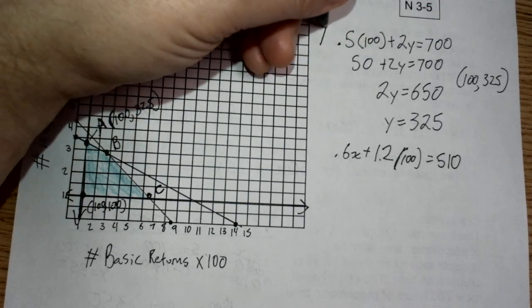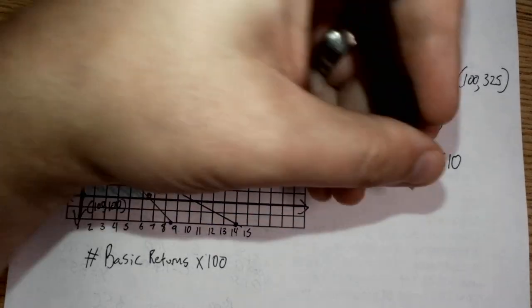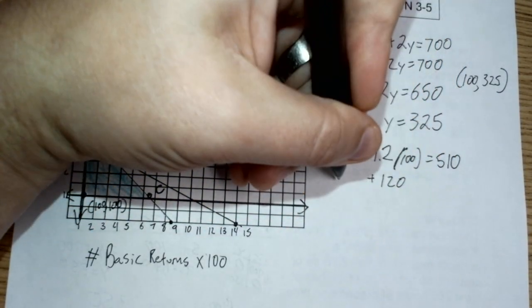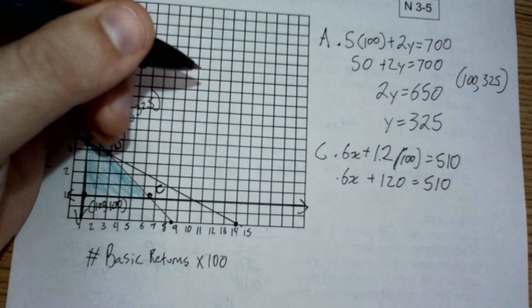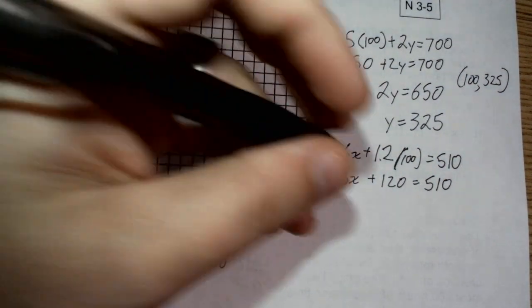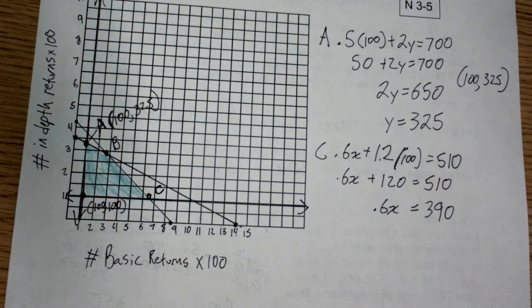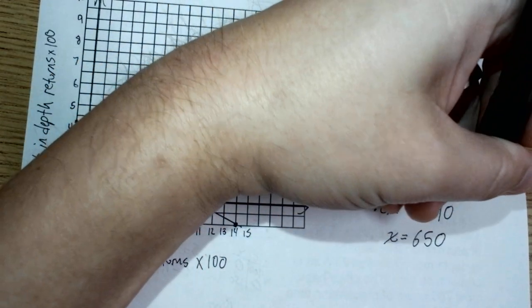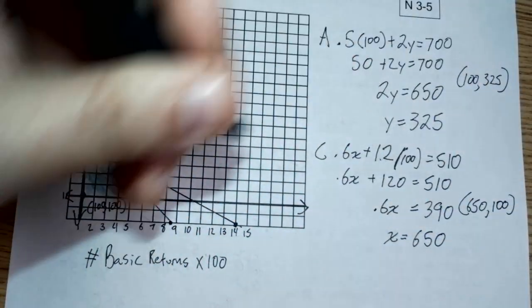That was for point A, this will be point C. So that gives me 120 plus 0.6x equals 510. When I subtract that out, it gives me 390 equals 0.6x. And when we work that out, it ends up as x equals 650. So that means this point would be 650, and then the y value is 100.